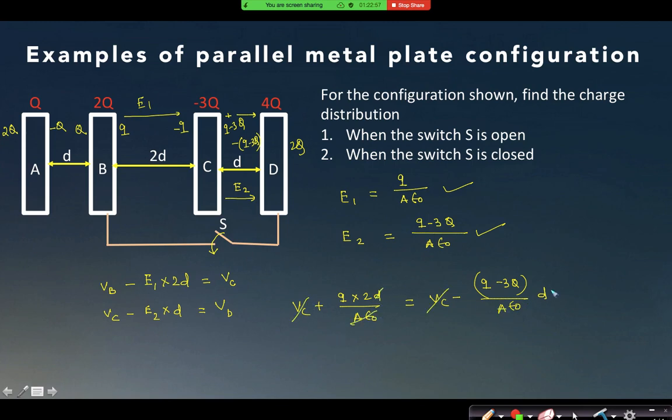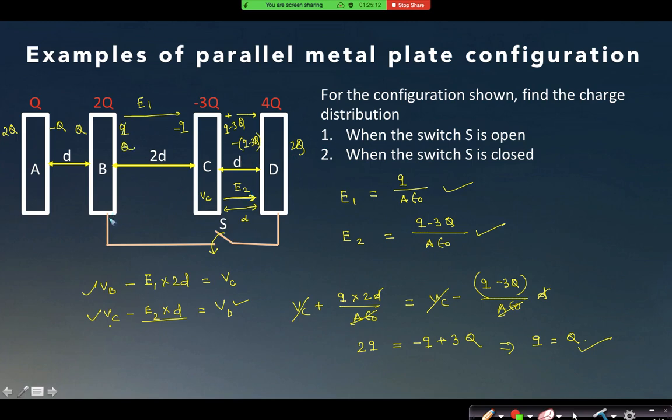A epsilon D will also get cancelled out. So your equation becomes 2 small q is equal to minus q plus 3q. Then your answer will be small q equal to capital Q. Now accordingly we can find the values.